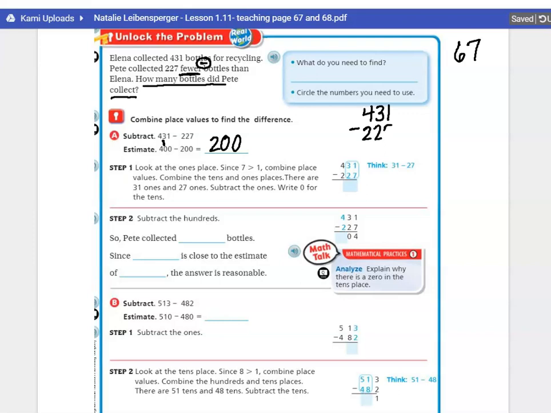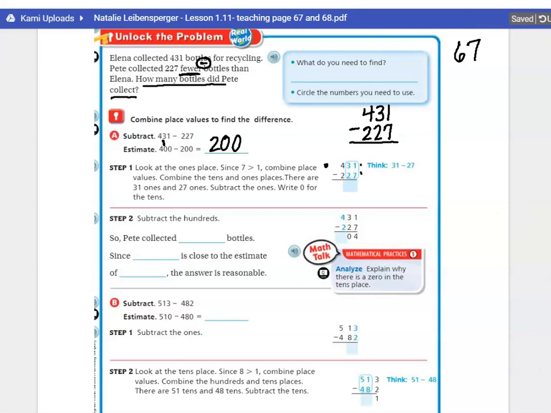But today we're going to give this new strategy a try, and it might work for you. The trick about using this new strategy is you're going to combine two place values together. If we take a look at the problem above, 431 minus 227, I see that 31 and 27 are pretty close to one another.